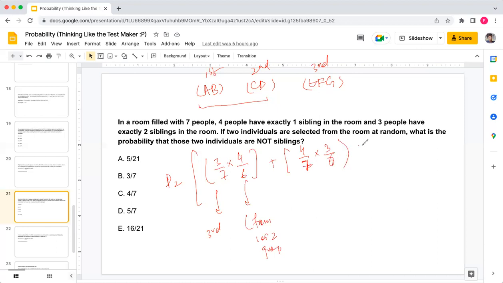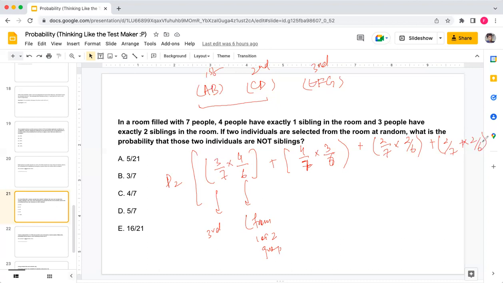And the next situation is, if I pick the first person from the first group and the second person from the second group, that will be 2 by 7 into 2 by 6, and vice versa. If I pick the first person from the second group, this is 2 by 7 into 2 by 6.